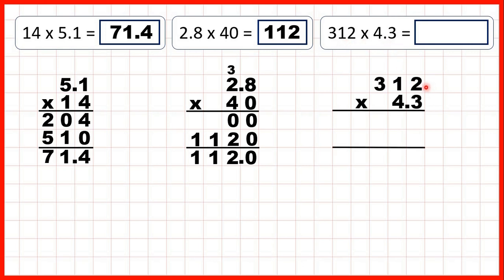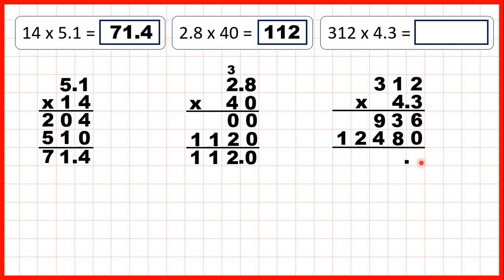Now 312 times 4.3. So here we've written the question out with the number with the most digits on top. We need to remember to copy the decimal point down into our answer. Now 2 times 3 is 6, 1 times 3 is 3, and 3 times 3 is 9. We write a 0 as the last digit of our second answer line. 2 times 4 is 8, 1 times 4 is 4, and 3 times 4 is 12.